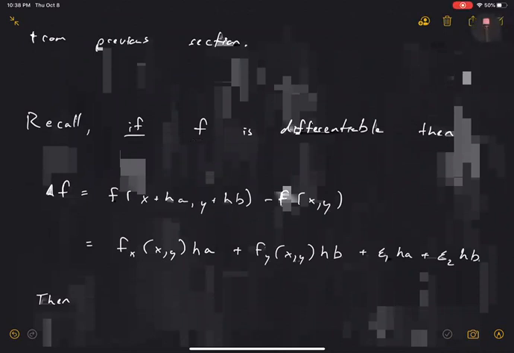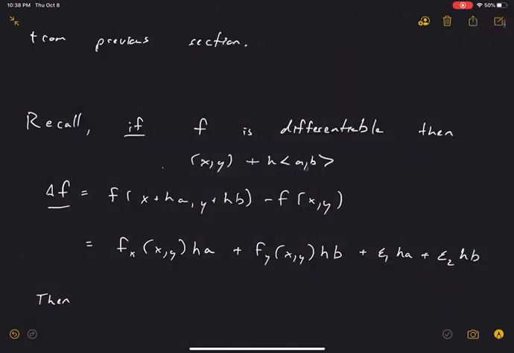I can write delta f, our difference in f, between a starting point (x, y) and the point with the vector (ha, hb) added. What's the difference between f of this and f of (x, y)?